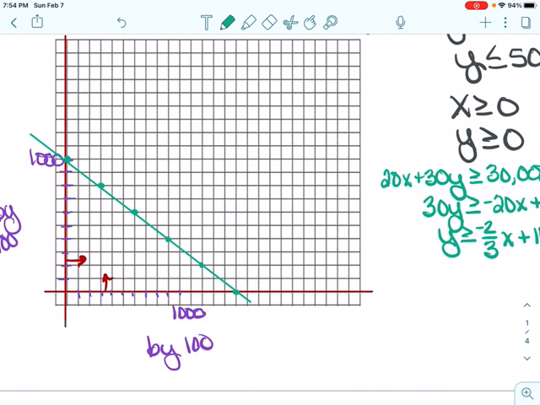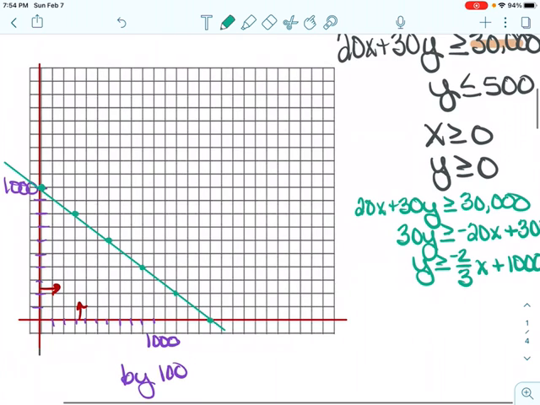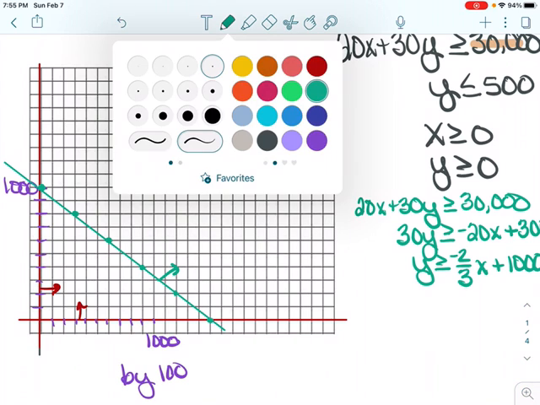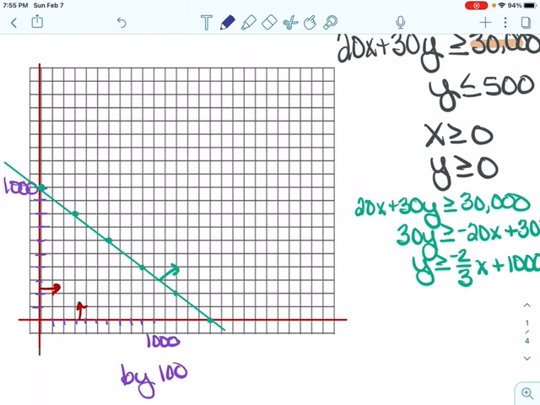So did I divide greater than or equal to 30,000? So I'm going to go above. And then my y is less than or equal to 500. Use the blue, so I'm going to go to 500. 1, 2, 3, 4, 5. Y equals 500. Let's try that again.